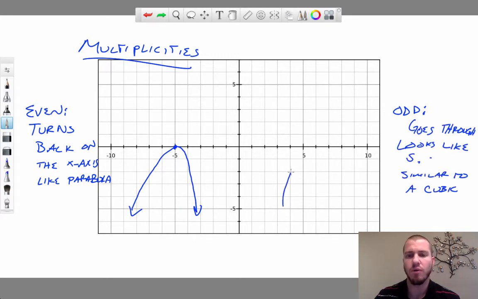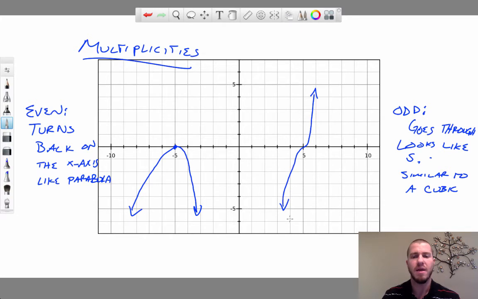An odd degree will go through the x-axis where it kind of turns like this and then turns again and goes up this way. This is similar to a cubic graph where it makes that little S turn, and that's what I call it. You won't hear that anywhere else, but it goes through it and looks kind of like an S and makes that S turn where it looks similar to this.